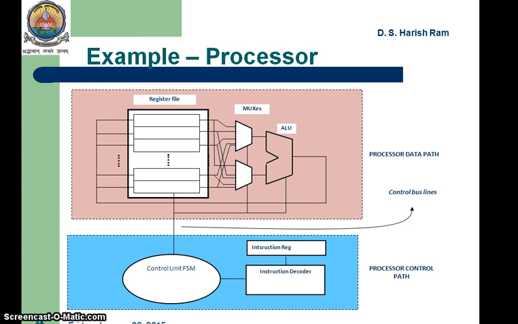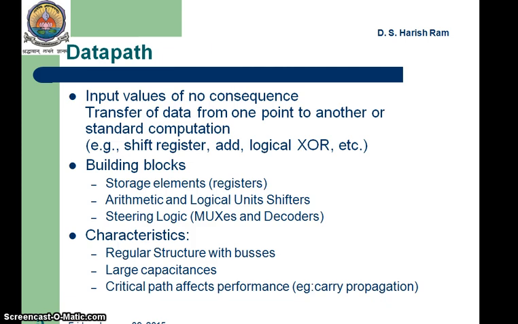The instruction decoder generates certain signals based on the instruction that is read from the memory. So we can see here that the control signals that are generated and passed on to the data path through the control bus lines are responsible for configuring the data path elements for performing a particular operation.